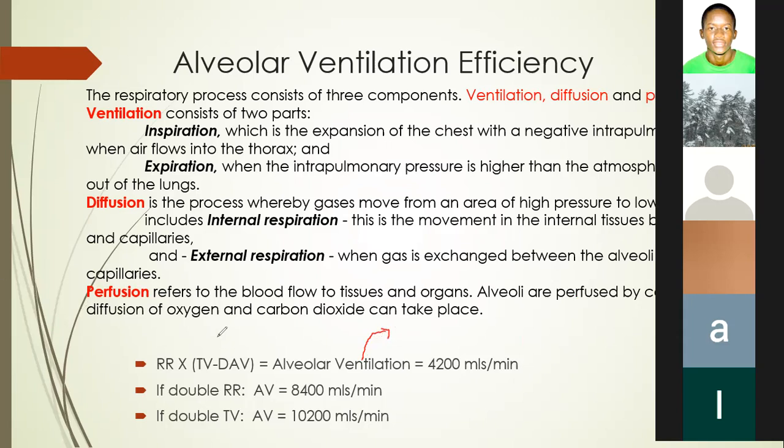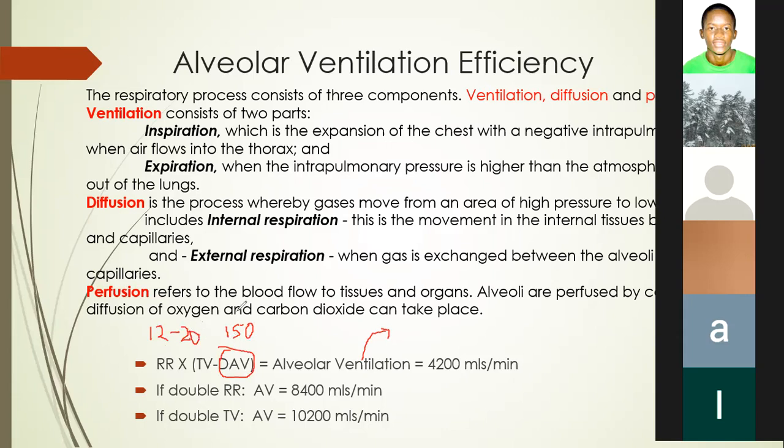Now remember, the dead space volume usually doesn't change much. If you recall, we said that is about 150 ml per breath, so per respiratory cycle, about 150 ml. Generally, respiratory rate ranges between 12 to 15, let's say up to 20 breaths per minute.